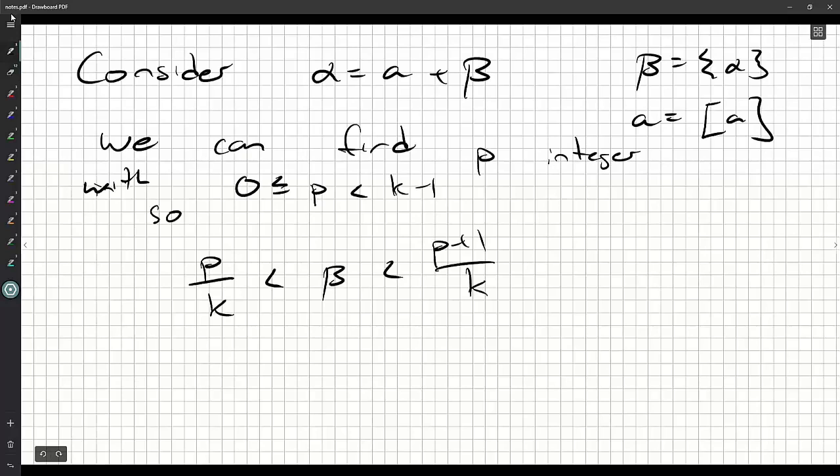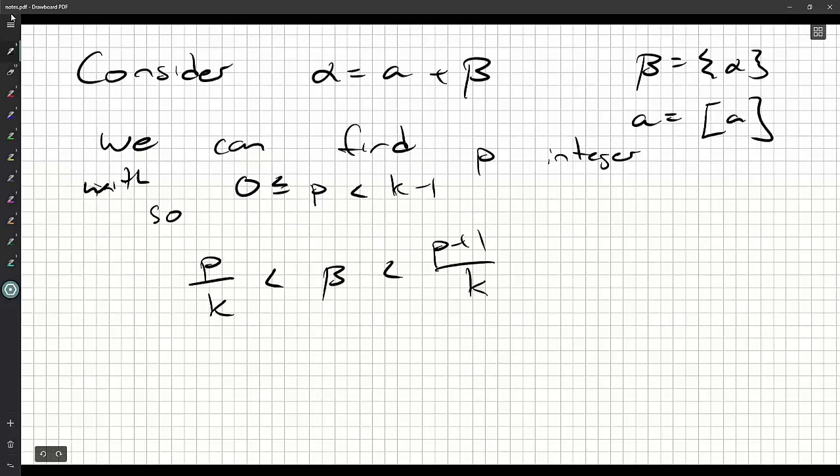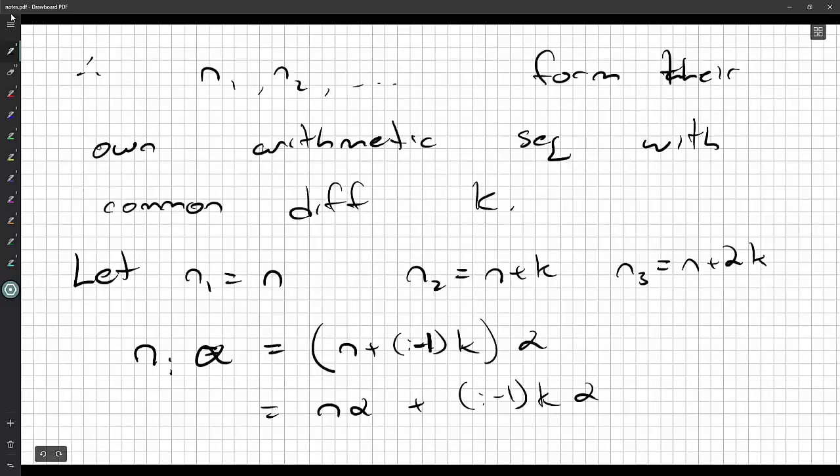So I really think we have to sort of look at the first k terms or something like that. The n alpha is fine. It's keep adding on k.